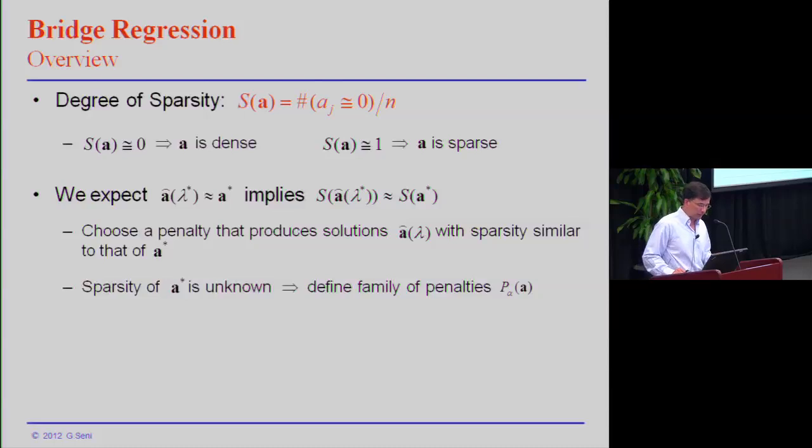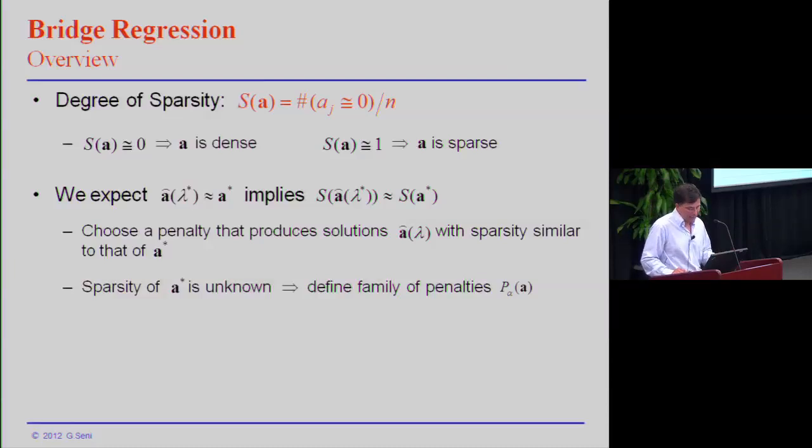Because of this expectation, in the absence of additional information, we want penalties that are capable of generating various degrees of sparsity. Of course, since A star is not known, the sparsity of A star is not known.